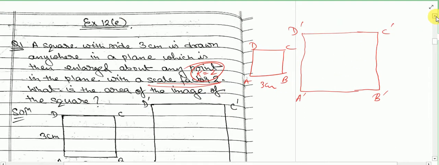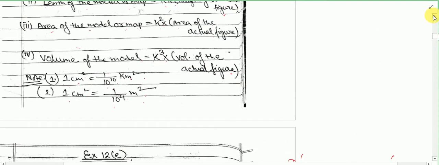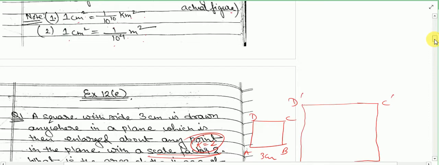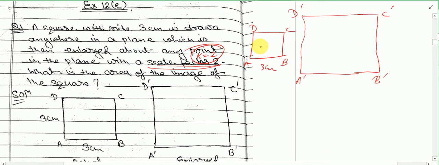So here what did we study? I had given you that the area of the model or map or image will be k square into area of the actual figure. So we have to use this formula for this case. So here this is your actual one and this is your image, or you can say model.